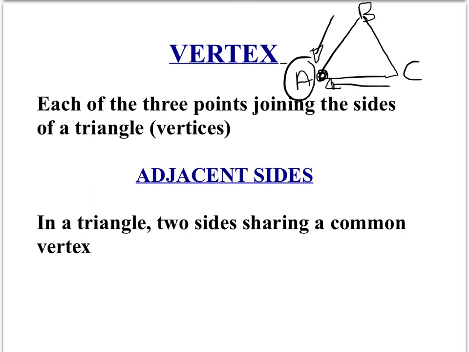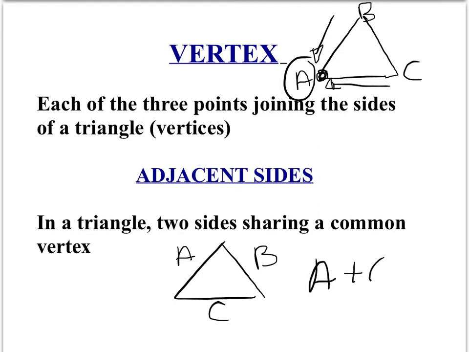Adjacent sides, similar to adjacent sides when we're talking about linear pairs. In a triangle, two sides sharing a common vertex. So I have my triangle here. I'll call this side A, side B, and side C. So a triangle with two sides sharing a common vertex. So we would say A and C are adjacent sides because there's two sides sharing a common vertex.